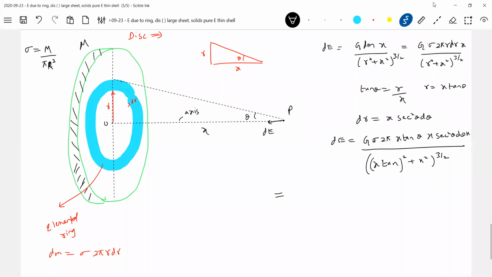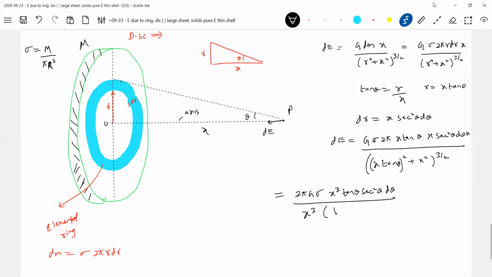r equal to x tan theta, so dr will be x secant square theta d theta. One more x. So many parameters are there. You check it. Here one tan theta. 2 pi sigma G, let me take it outside completely. x cube, tan theta, secant square theta, d theta. Here x cube will come from the bracket outside.